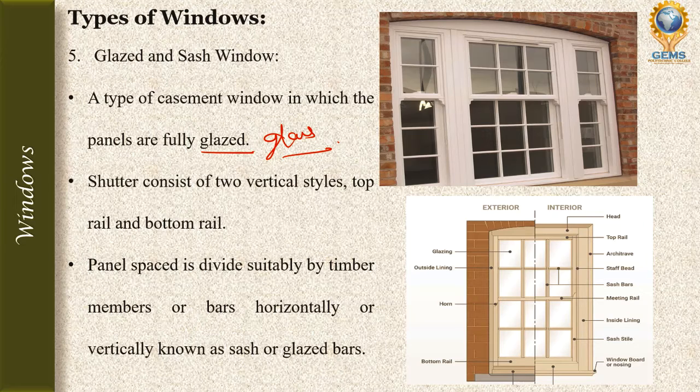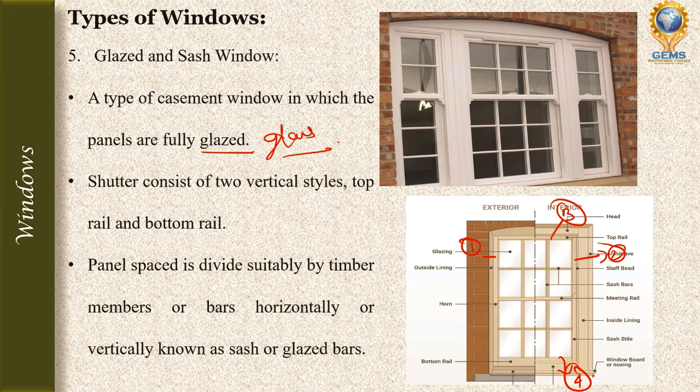In this, the shutter frame consists of two vertical stiles, one top rail and one bottom rail. This is one vertical stile and this is the second vertical stile. So these many parts will be there in the glazed and sash windows.